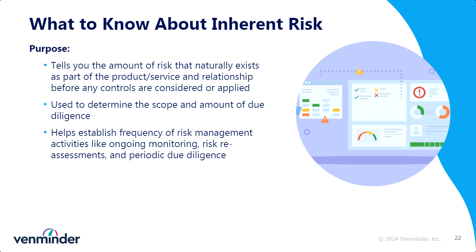It's also used to determine the scope and amount of due diligence you'll need to perform. And it also helps establish the frequency of other activities like ongoing monitoring, risk reassessments, and periodic due diligence. Your critical and high-risk vendors are going to need the most oversight, which means that all of those activities will need to be performed more frequently.